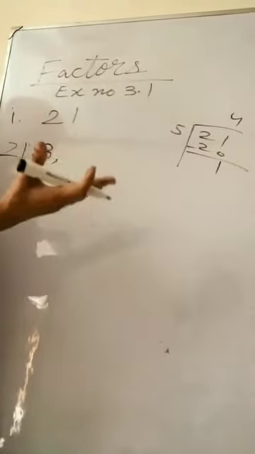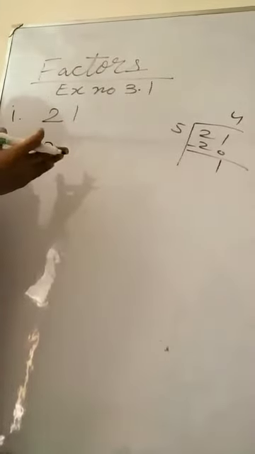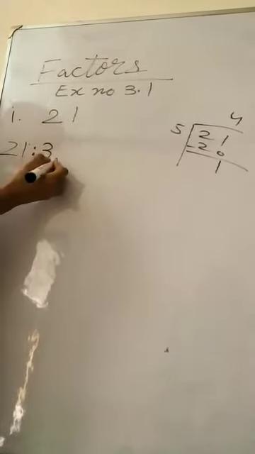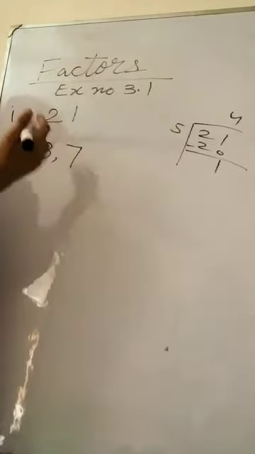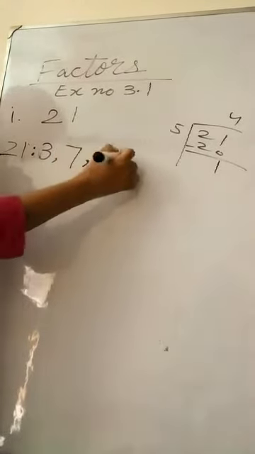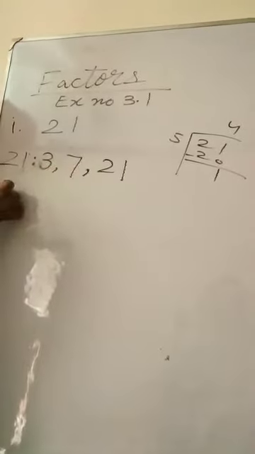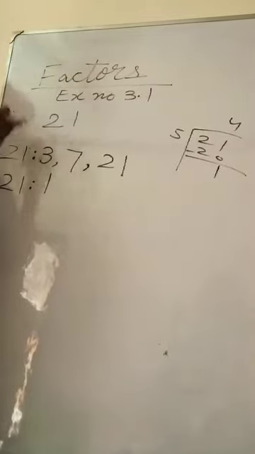So we can check with 6, 7, 8, 9 and so on. So on means continue. Check with all the numbers till 21. Now 4 is not the factor, 5 is not the factor, 6 is not the factor, 7 is the factor, 8, 9, 10, no. And the last number is 21. But before writing the answer, you need to start your answer with 1. 1 is always the factor of any number.